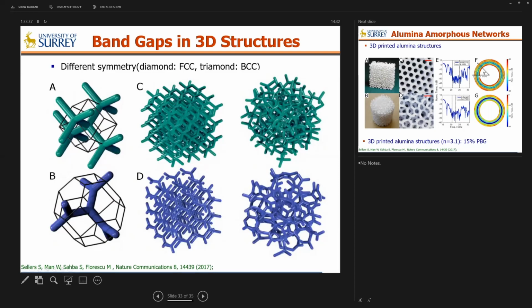So if we arrange dielectric material as shown here in this diamond network structuring, the photonic bandgap associated with it is the largest. For example, if we use silicon to make such a network, we obtain a band gap of around 30% of the central frequency, which is by photonics measure a very, very large value.